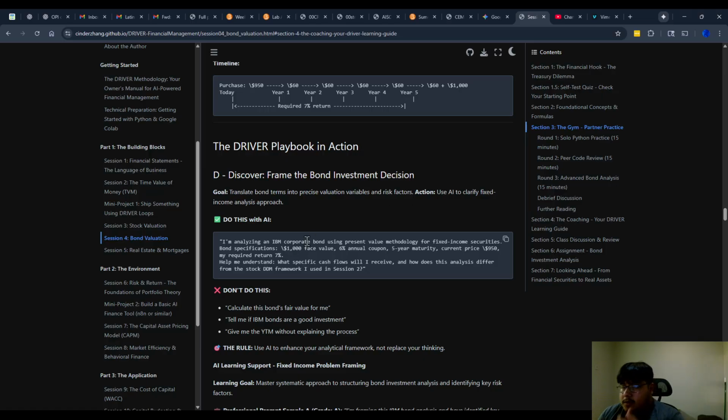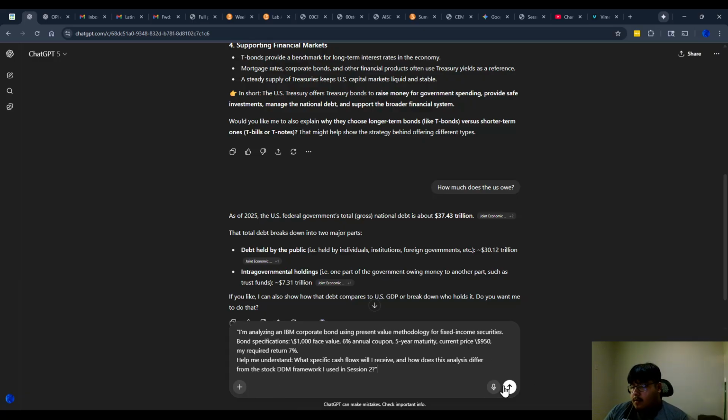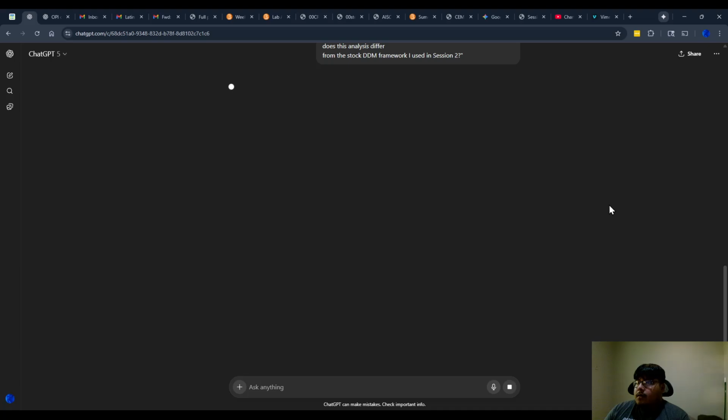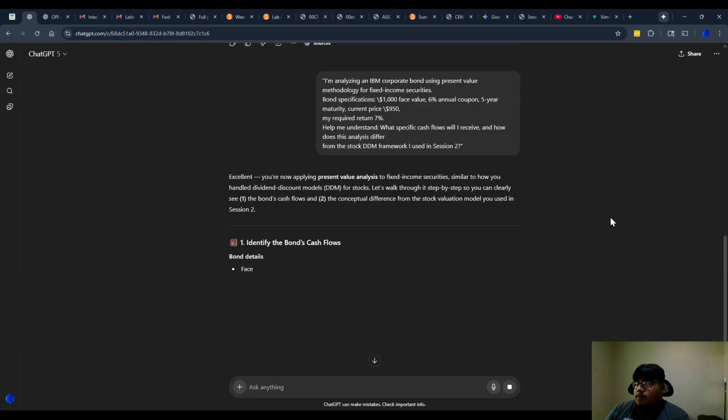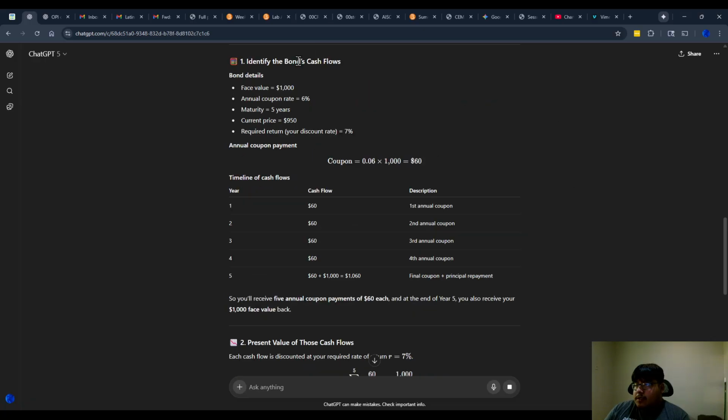And so what we're trying to do here is translate the bond terms into precise valuation variables and risk factors. So doing this with AI, we copy paste this, and then we can see here is ChatGPT identifying the bond's cash flows, breaking it all up.